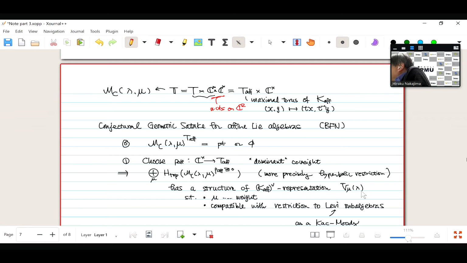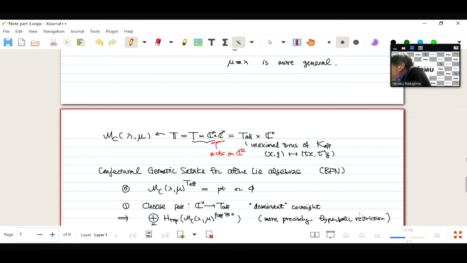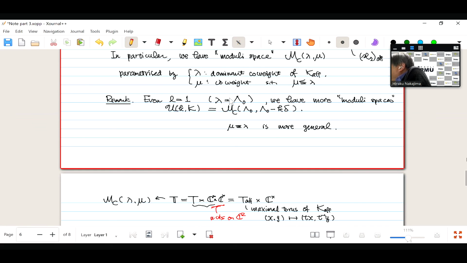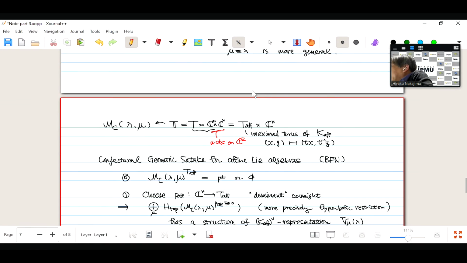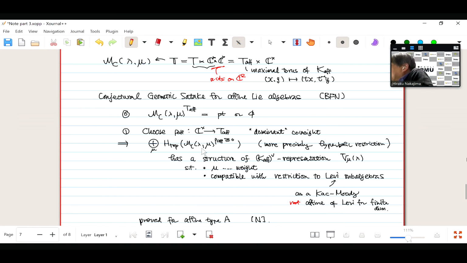So lambda is a dominant weight. So recall here, lambda is a dominant co-weight of the affine algebra, so we are considering the Langlands dual algebra. So lambda is a dominant weight of the Langlands dual, and mu is a weight of the Langlands dual. So this summand, the top degree part of the attracting set, is the weight space V(lambda) of weight mu. That is the statement.